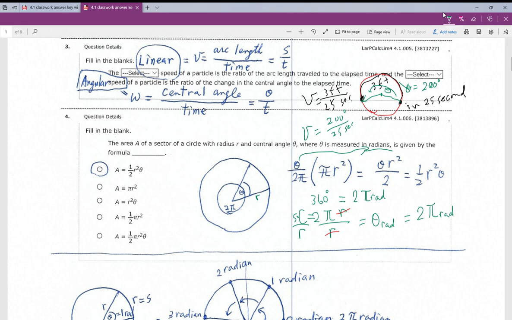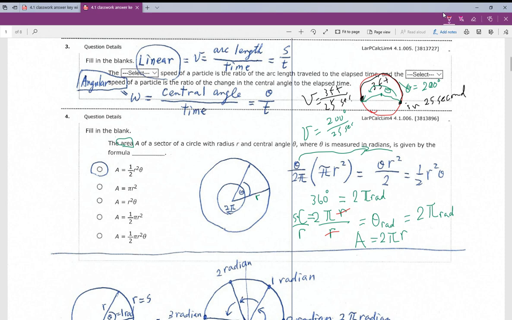And the area, because right now we are talking about the area. The area of a circle is pi r squared. You have to memorize that. So you want to use these two facts. Which two facts?